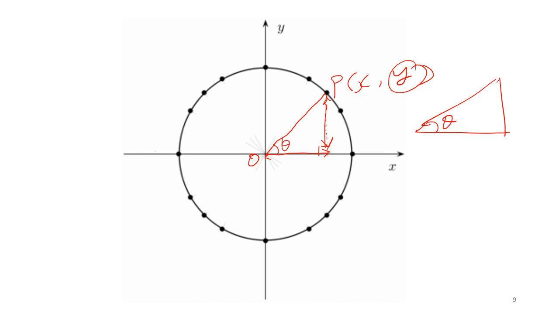Okay, so what would you use? Remember it is also a unit circle, which means this length is 1. So if we know the hypotenuse and we know the angle, we should be able to find x and y, right? This is just x, this is y. So what would x be?